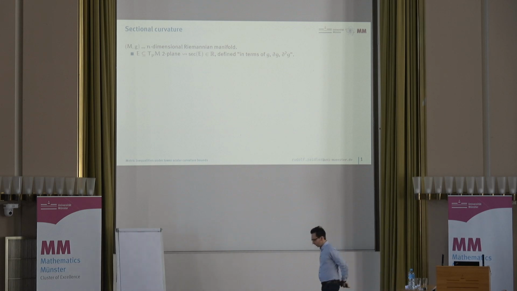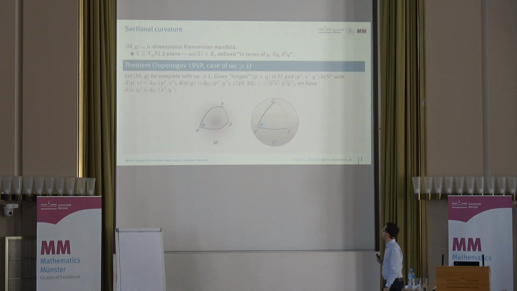And this talk will be about trying to use these local quantities to get some sort of global consequences, and specifically global consequences in terms of distance estimates. This is actually a classical story in Riemannian geometry, and I'll recall one very classical result in this direction, which is the comparison theorem of Toponogov.